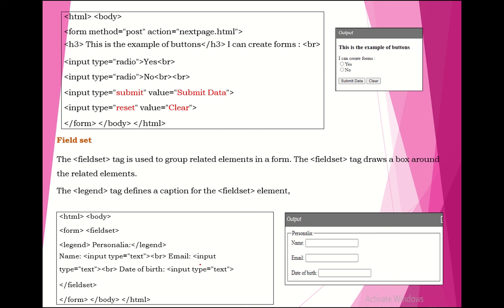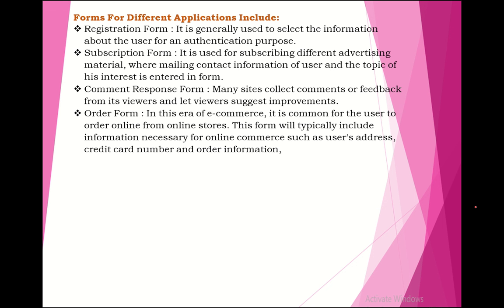Email is one where I don't want it encrypted or seen as asterisks. Email uses symbols, letters, numbers, anything. Next is date of birth. I am giving text type only. This is how my fieldset group is created.